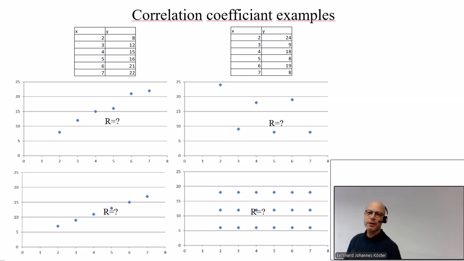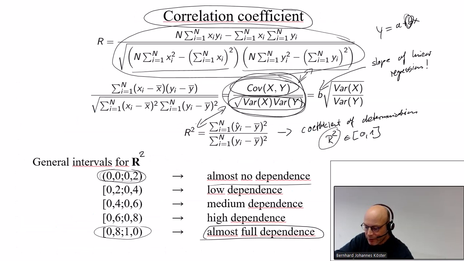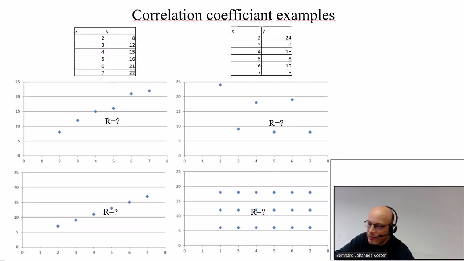What would you think? No, not a formula right now, but just using what I said about the correlation coefficient. These are the numbers, and if you just think fitting this data set, so to speak, by eye, what could be this R?